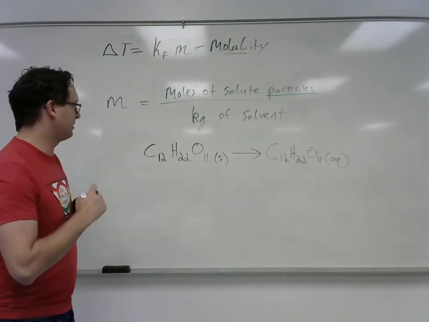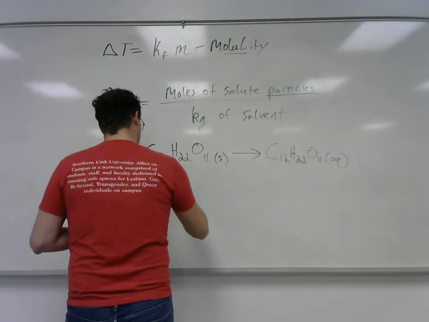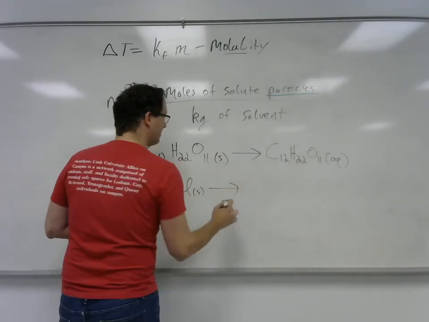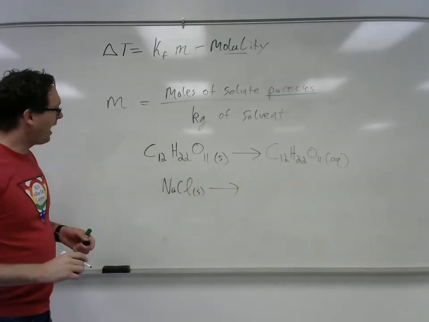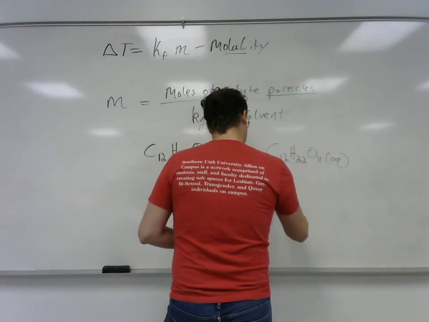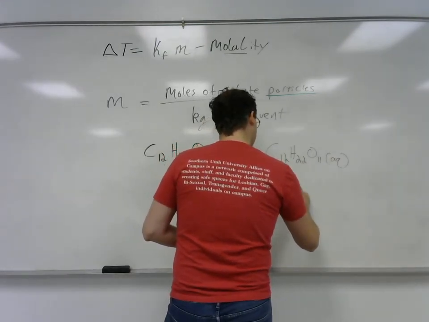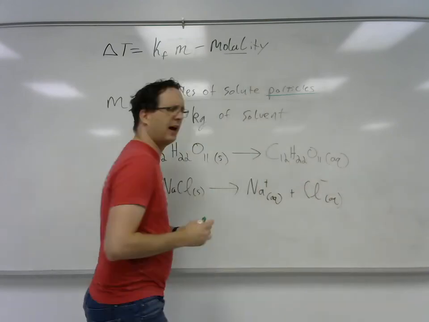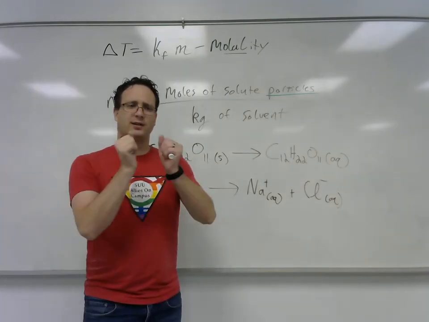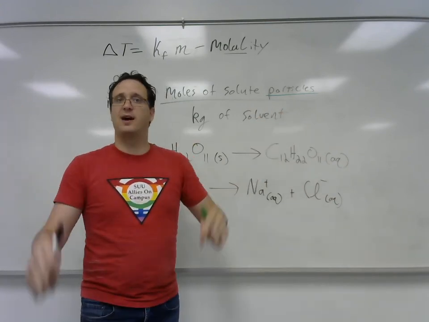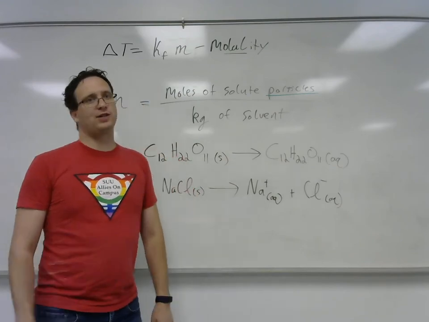Nothing too fancy there. But if I take something like NaCl solid, that's table salt, and I put that in water, then I'm going to get Na+ ions and Cl- ions. When they're in solution, they aren't actually stuck together at all. They break apart. Each of them is surrounded by its own hydration sphere of waters.